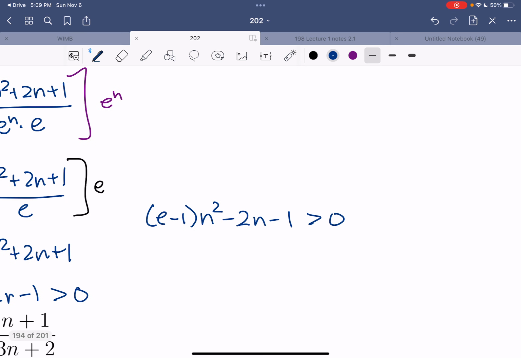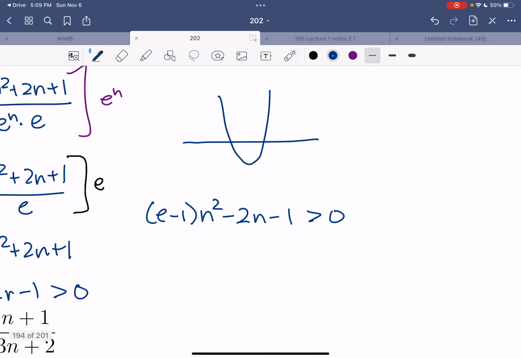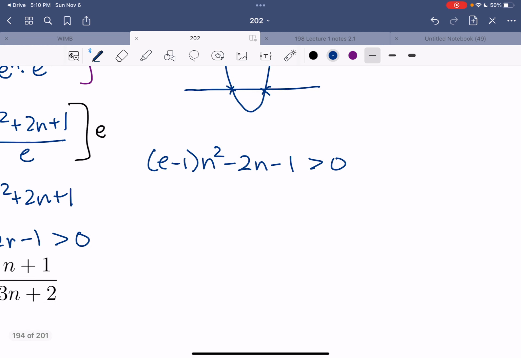So if I'm trying to show that this is greater than 0, and part of this is negative, meaning this is not greater than 0 all the time, then there would be a section that goes below, which means I should have 2 points that cross at 0. And if I don't, then it's got to be above, right? Because it opens up and goes all the way to infinity. If it's going to be less than 0, there's going to be a point where it's equal to 0.